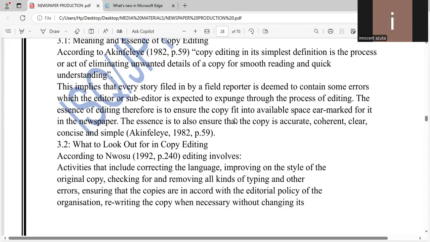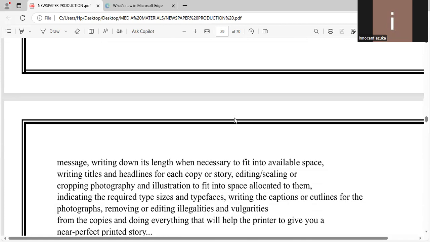checking for and removing all kinds of typing and other errors, ensuring that the copies are in accord with the editorial policy of the organization, writing copy when necessary without changing its message.